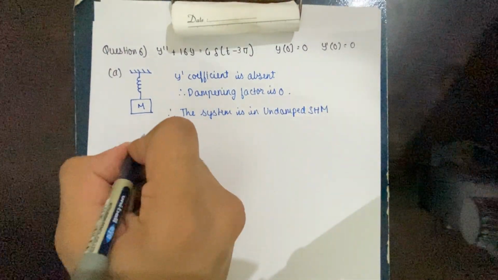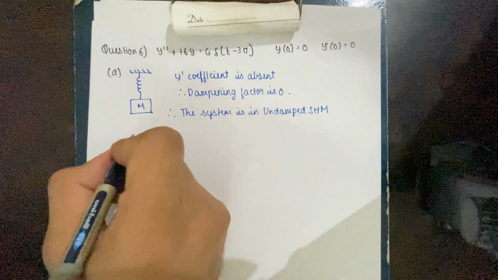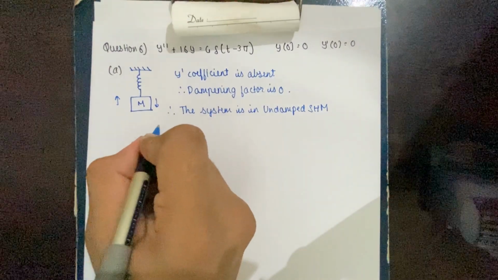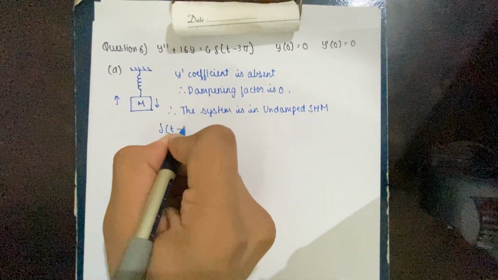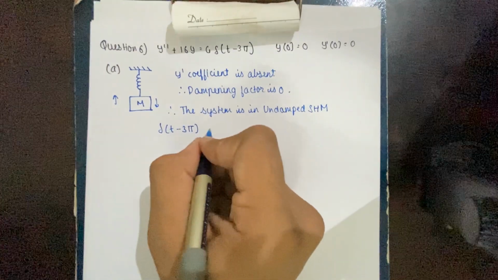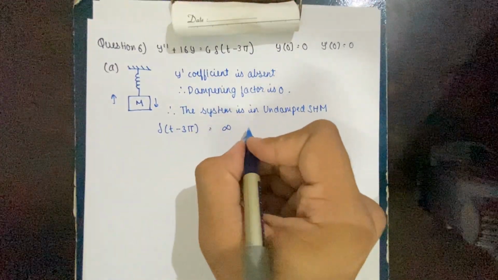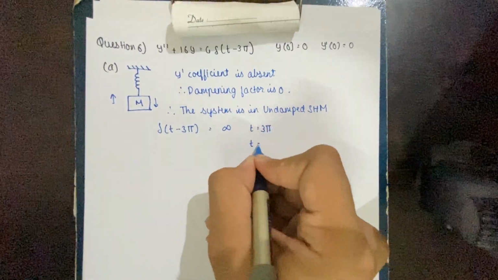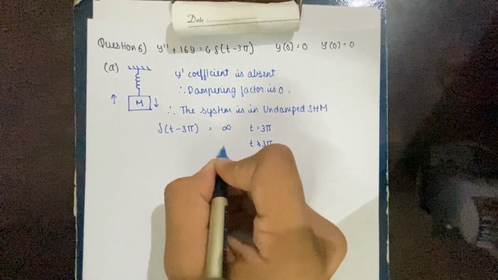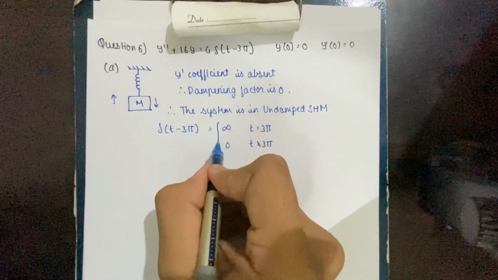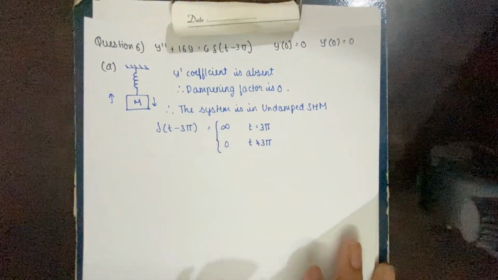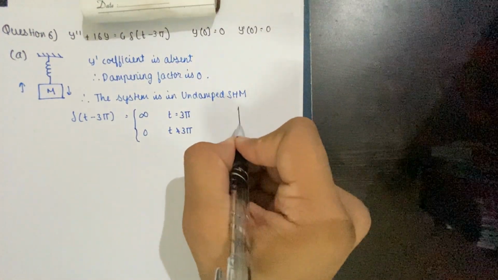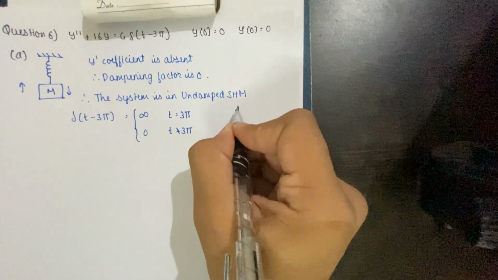So we have a Dirac delta function t minus 3 pi that equals infinity at t is equal to 3 pi, and at t not equal to 3 pi, that is literally everywhere else, it equals 0. Usually Dirac delta functions are used to represent impulses.